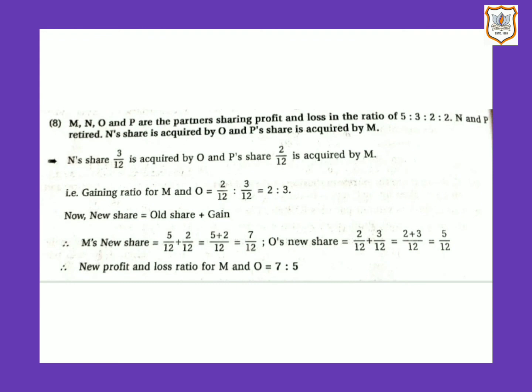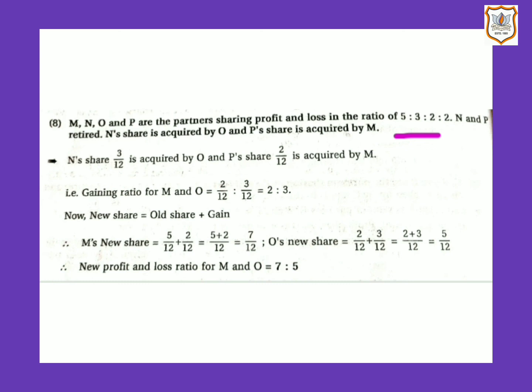So here we are given that two partners are retiring out of 4 and they are N and P. According to old ratio, that is given 5:3:2:2, N's share was 3/12 and P's share was 2/12.